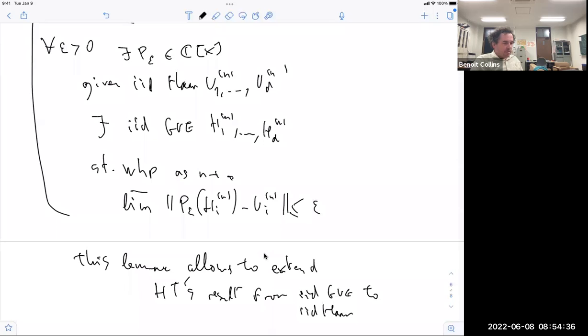And maybe I could just say one quick word about how this lemma works, because actually this is just a single matrix trick somehow.